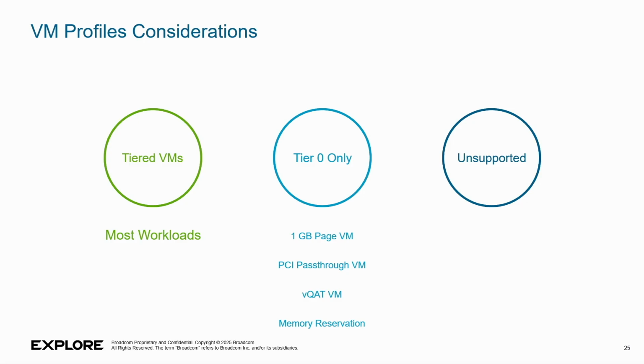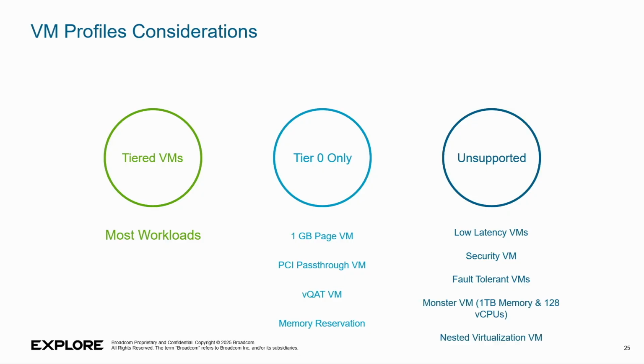And some that are not supported: low latency VMs, we talked about the performance VMs, some security VMs, fault tolerant, and monster VMs. Definitely wouldn't put a monster VM in there with memory tiering. Again, this is version 1. These are the profiles that we have identified as fitting into memory tiering versus some that maybe we shouldn't. But I know we're working on expanding this and getting rid of some of these limitations.